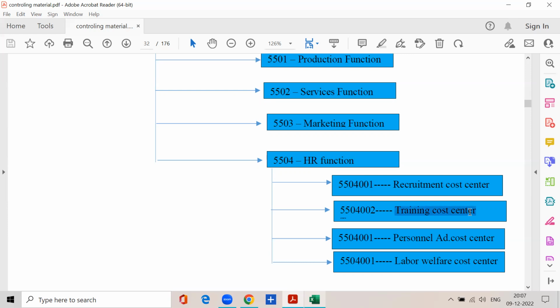Training cost center. Training activity is part of your HR function, right? So in order to carry on the training, we have the training department. So that is created as a training cost center. For the training cost center, we enter the name 5504002. Then for the personnel administration cost center, 5504003. Make it as 003.